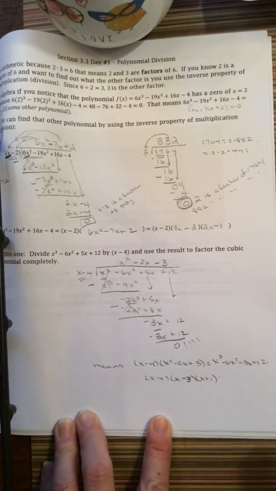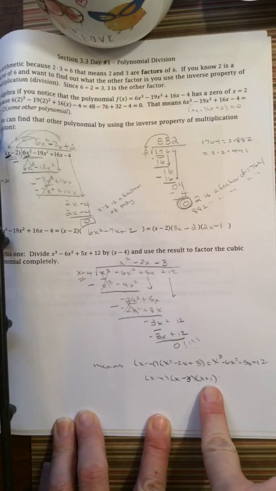I can get this all factored to x minus 4 times x minus 3 times x plus 1.